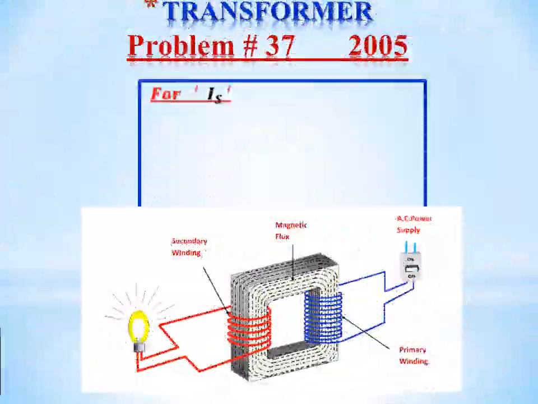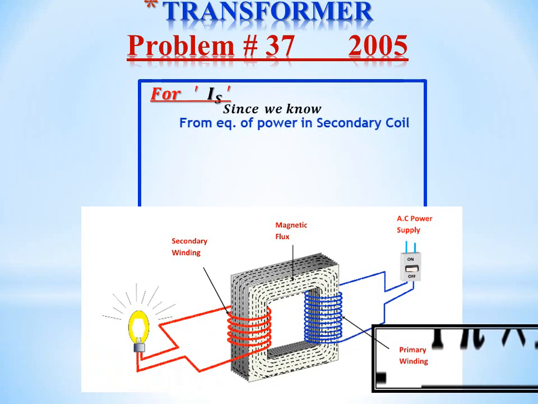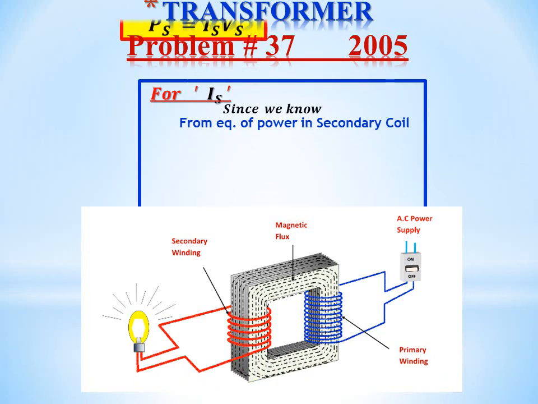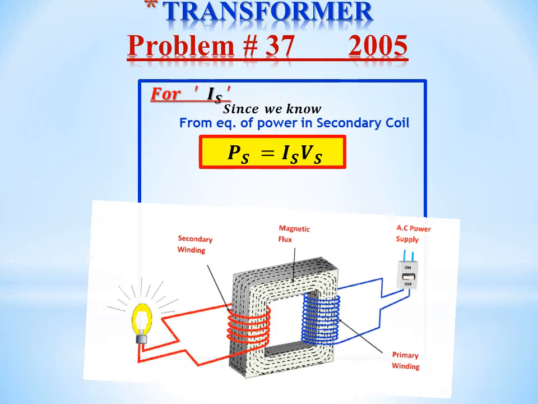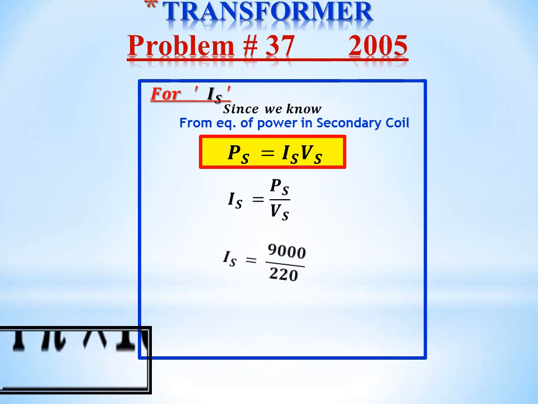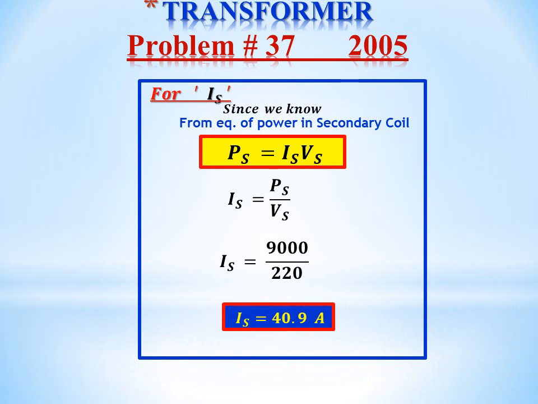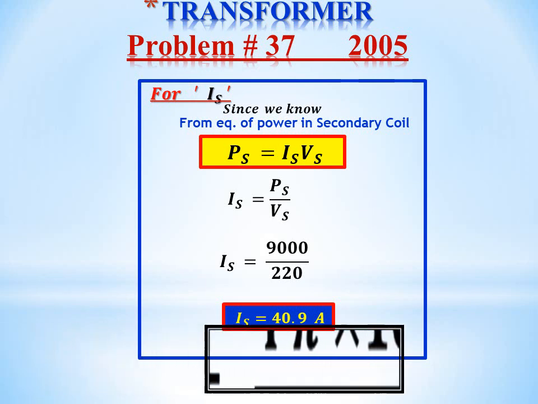Okay, now for IS, current in the secondary coil, again using the equation of power of the secondary coil, that is PS is equal to IS VS. Equate for IS, it is equal to PS upon VS. You will get your IS 40.9 ampere. Okay class, so this is the end of this numerical problem number 36.